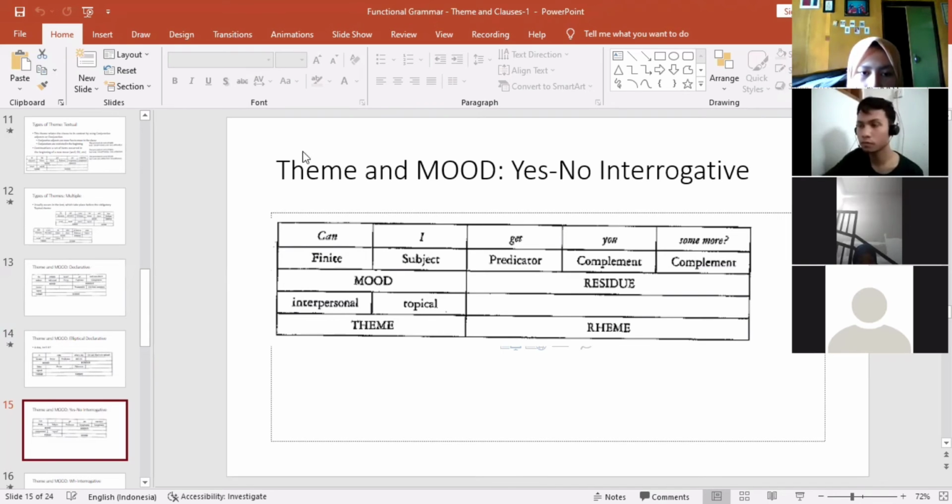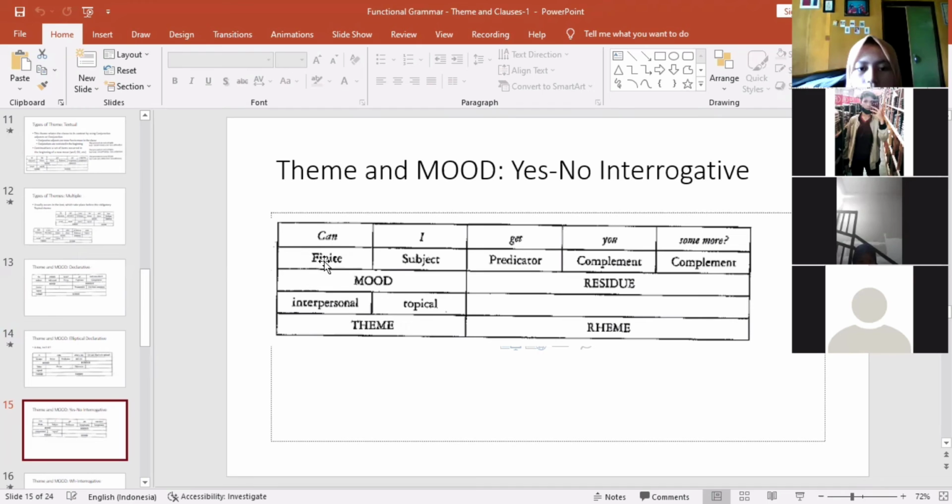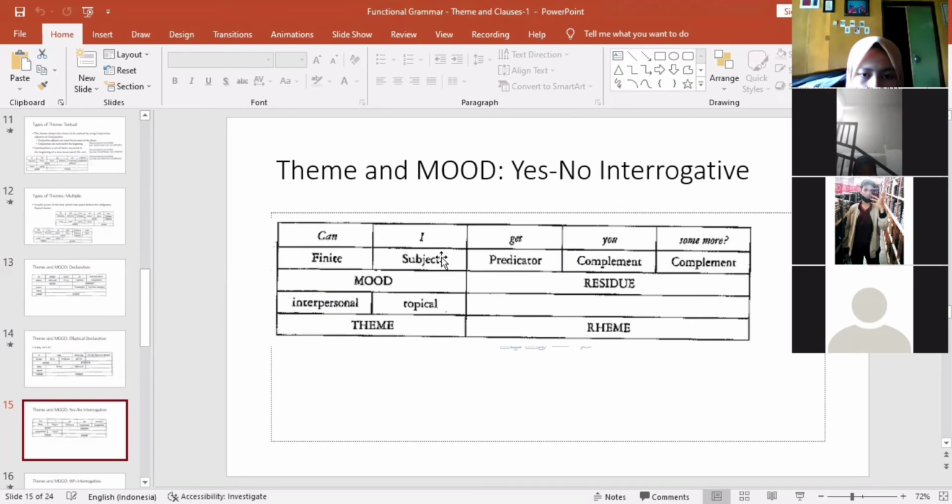For the analysis, can is finite, I is subject, get is predicator, you is complement, some more is complement. Finite and subject are mood; predicator, complement, and complement are residue. Then can is interpersonal theme, I is topical theme, and get you some more is Rheme.